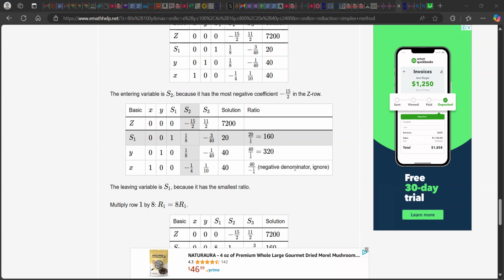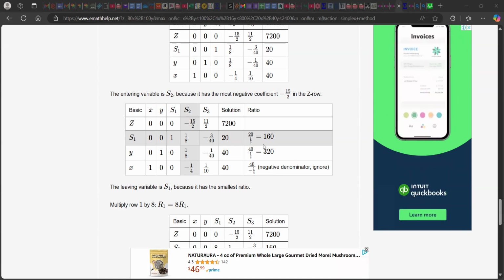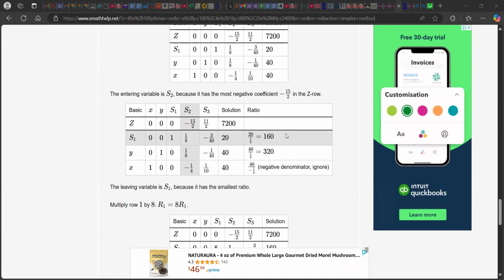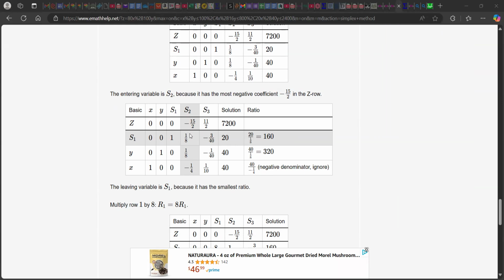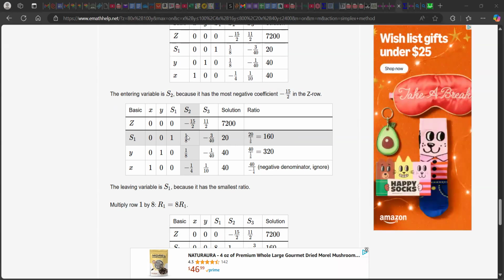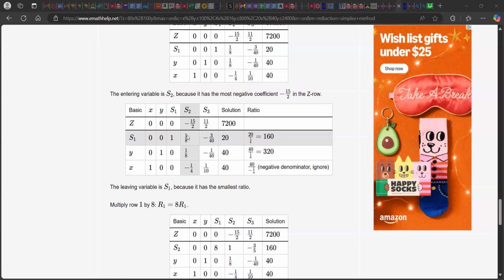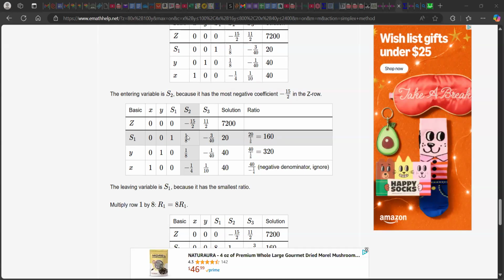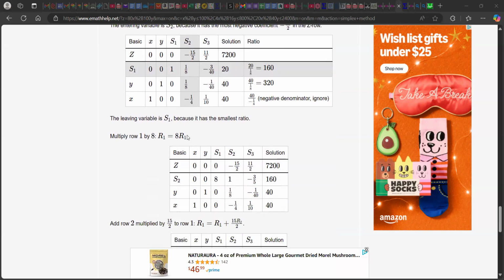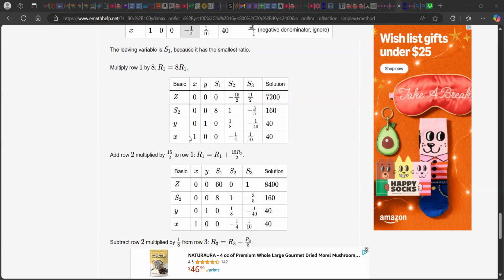Don't worry about the negative, ignore it, but the smallest ratio is 160. That makes 1/8 the pivot number or element. And you repeat the procedure where you try to make that into a 1 and everything else above and below it into a 0 using row operations. And that's what you're seeing here.